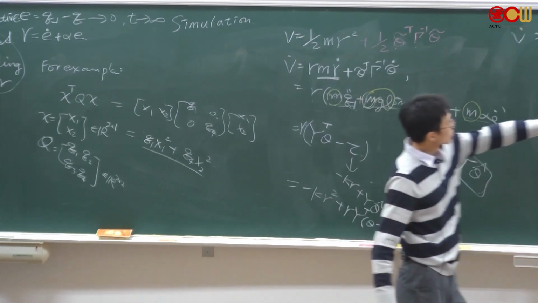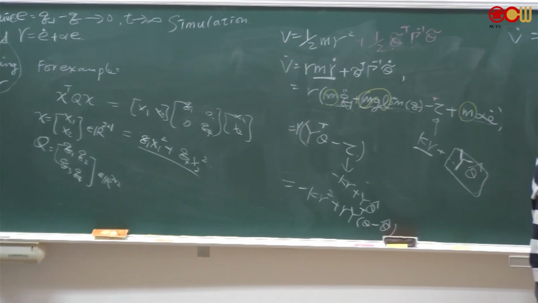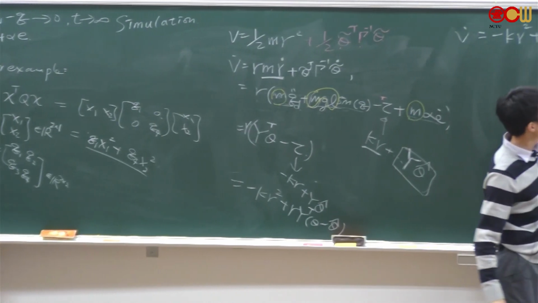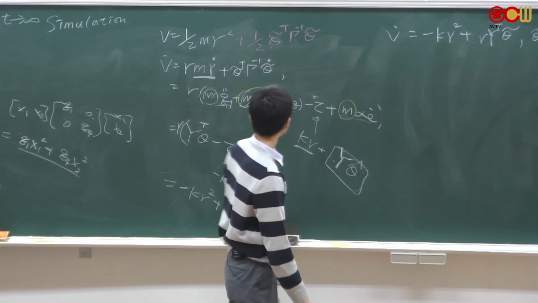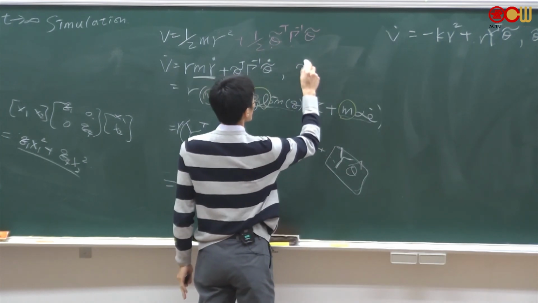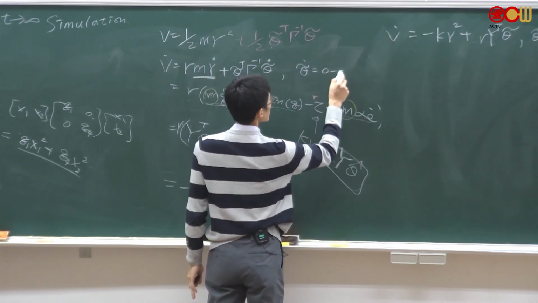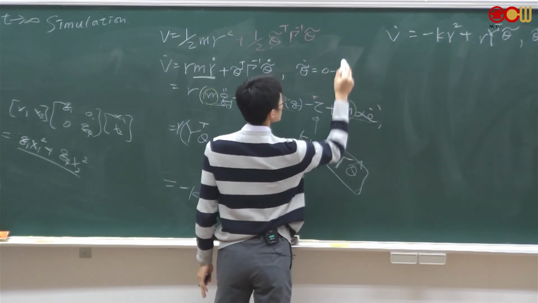Because this is constant, when you take the time derivative, this will be 0. This is a function of time, so it will be 0 minus dot.